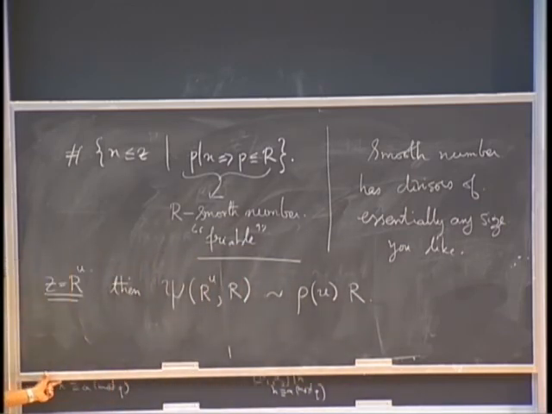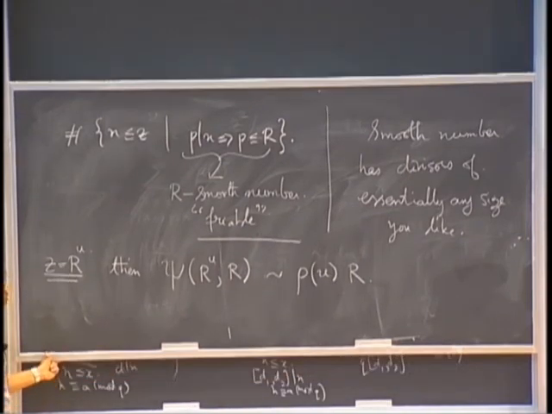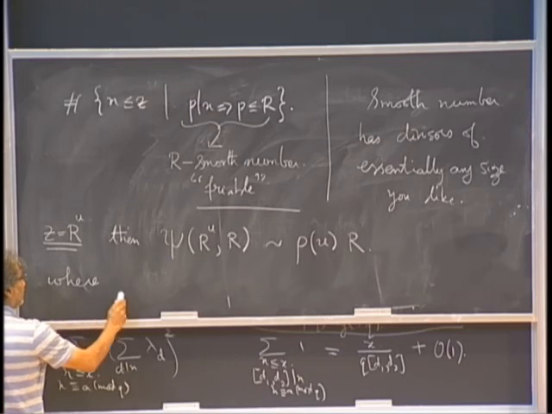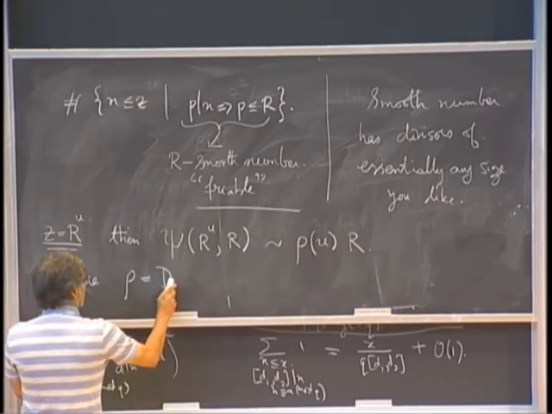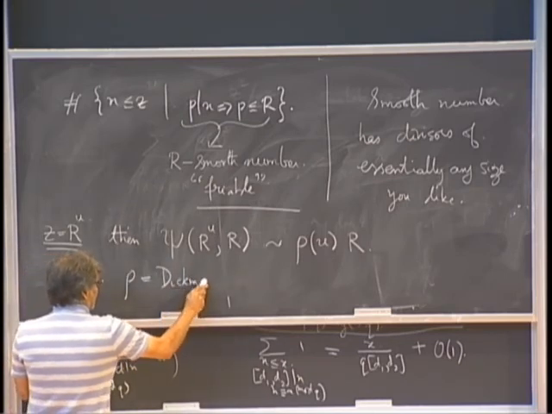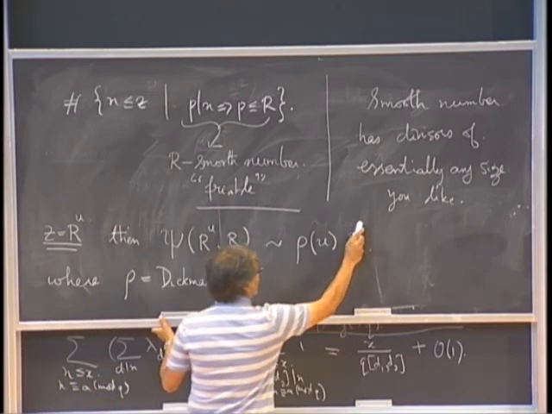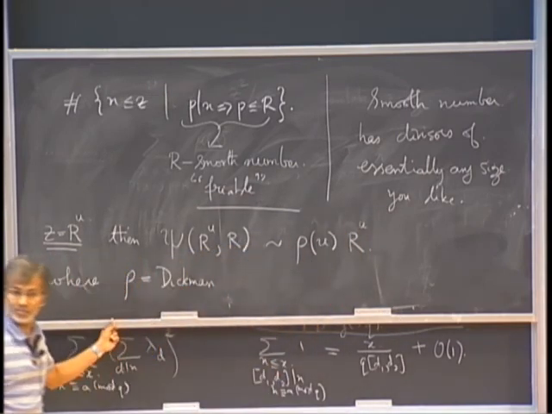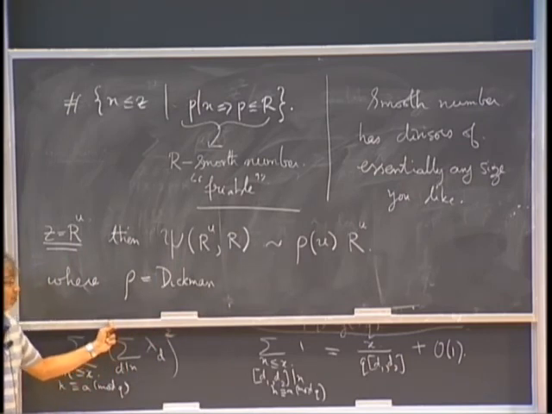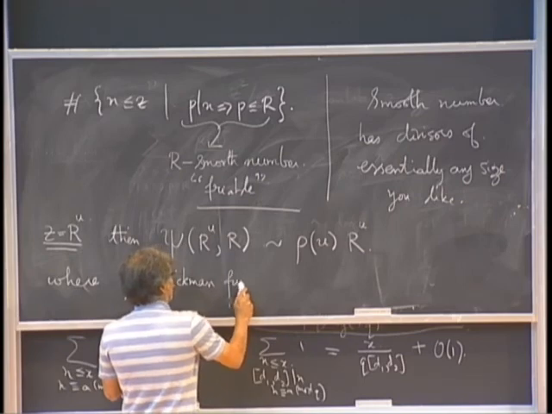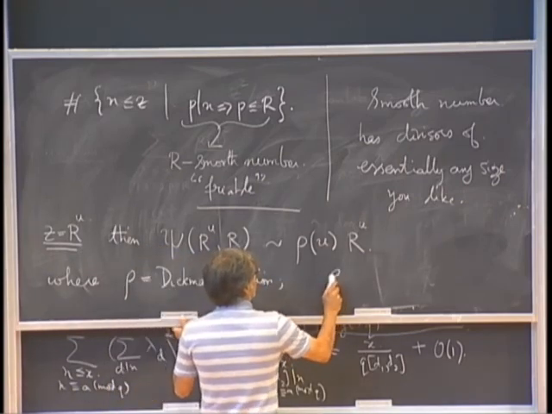At least if u is not too big, you can prove this asymptotic formula, where rho is an interesting function. It's the Dickman function, which is defined like this.